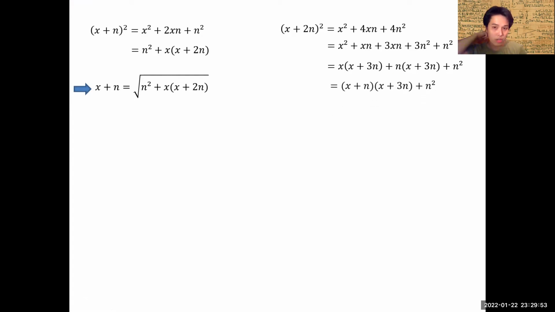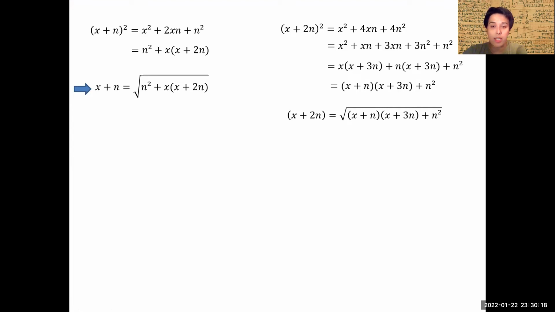So we have x plus n, followed by x plus 3n plus n squared. I hope it makes sense so far. The next step, like what I did just now, I take the square root on both sides, and thus I get this expression: x plus 2n is the root of x plus n, x plus 3n plus n squared.